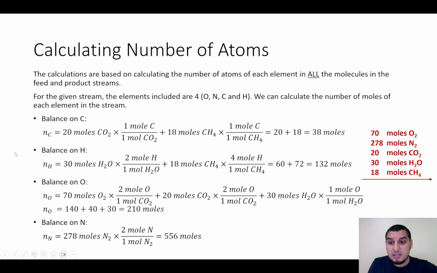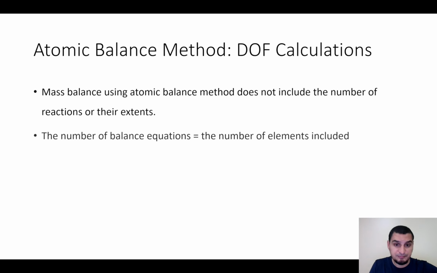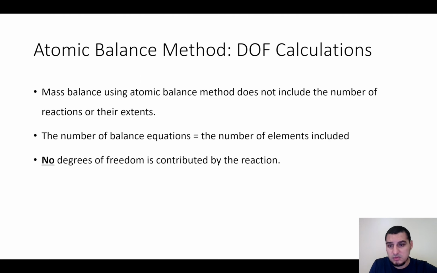But in this case, the number of equations is equal to the number of atomic species, because we write an equation for each atomic species. So we have to be careful here. The number of equations is not equal to the number of compounds, it's equal to the number of atomic species involved. So you have to count the number of atomic species well, or the number of elements, if you want to put it this way.